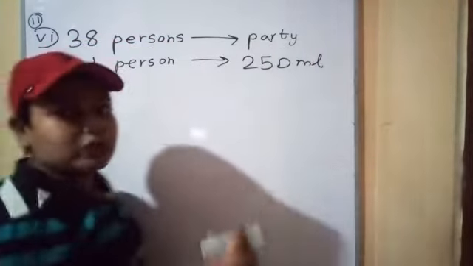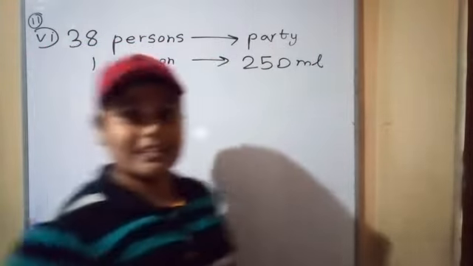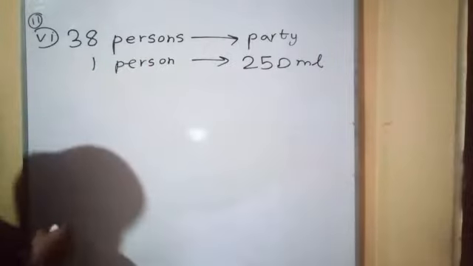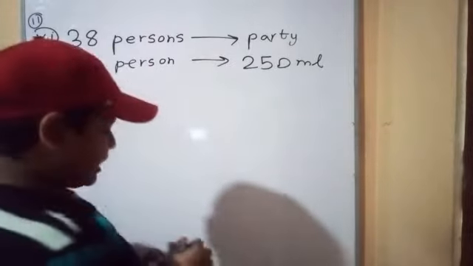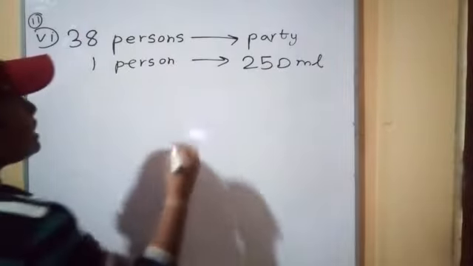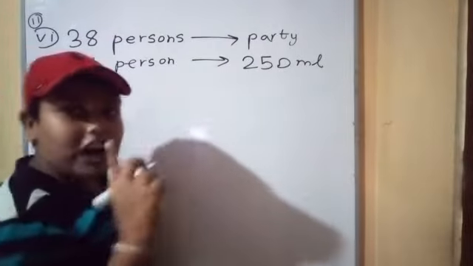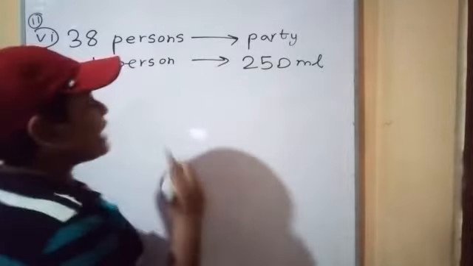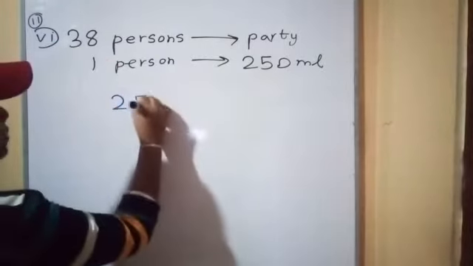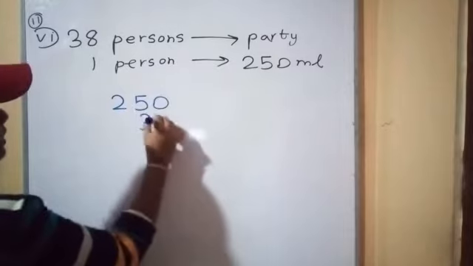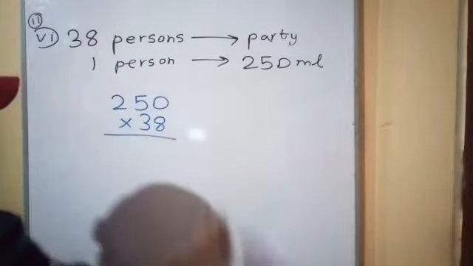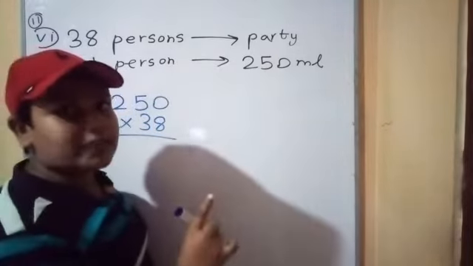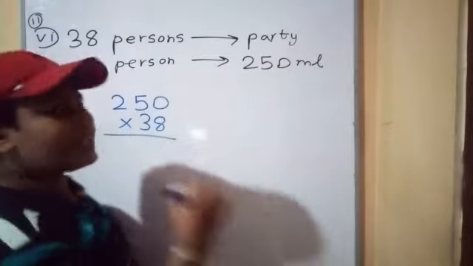Find the full amount that is given to the 38 persons. That is given in the question. Okay. That means the 38 persons, one person has 250 milliliters only. That means multiply 250 by 38. Why? One person 250 milliliters. You want to find for 38.